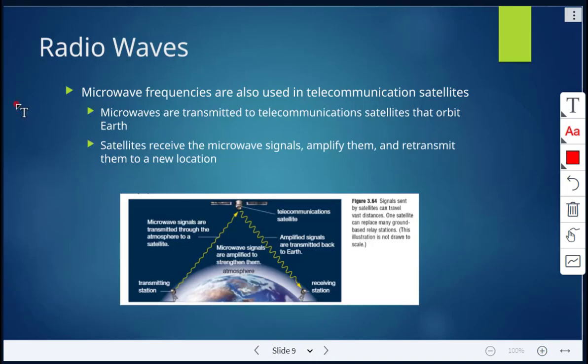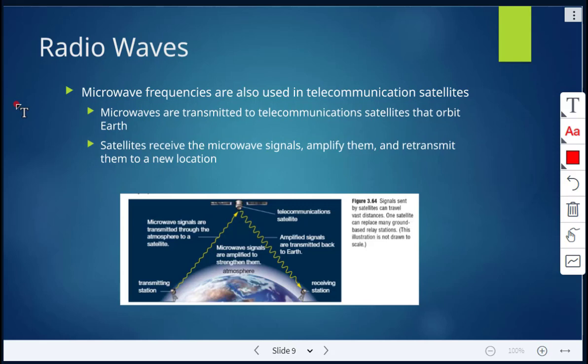Continuing with the radio waves, microwave frequencies, we can also use them in telecommunication satellites. So microwaves are transmitted to telecommunication satellites that orbit the Earth, and then they receive the microwave signals, amplify them, and then retransmit them to the new location. Okay, so these signals that are sent by satellites can travel vast distances.